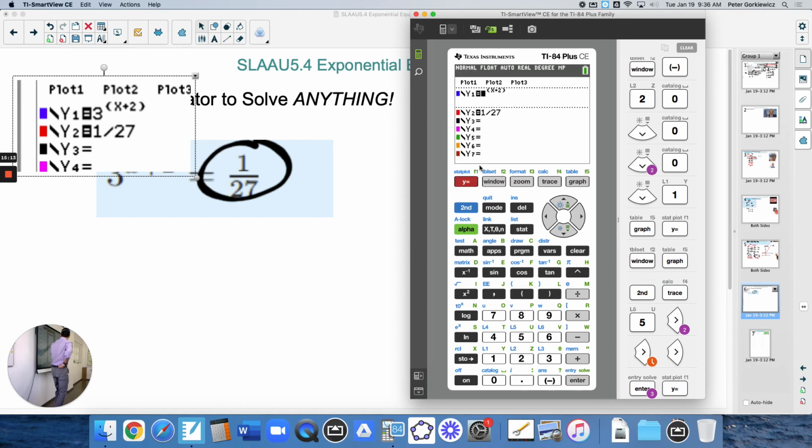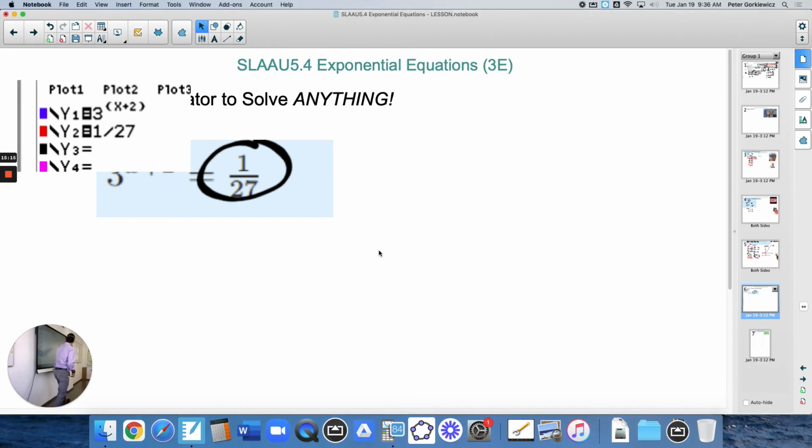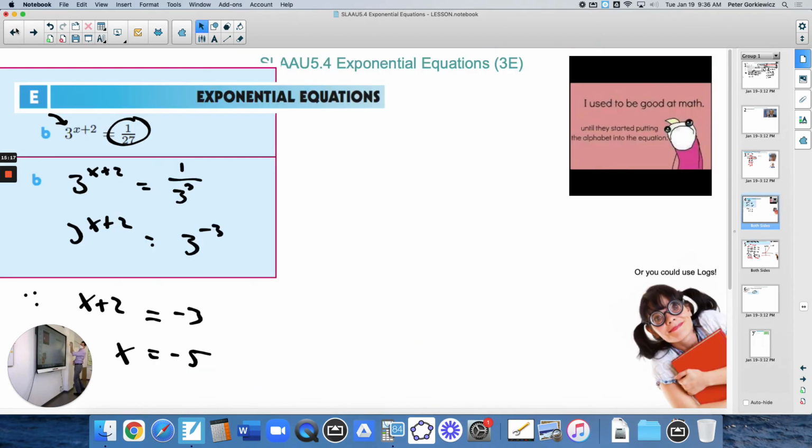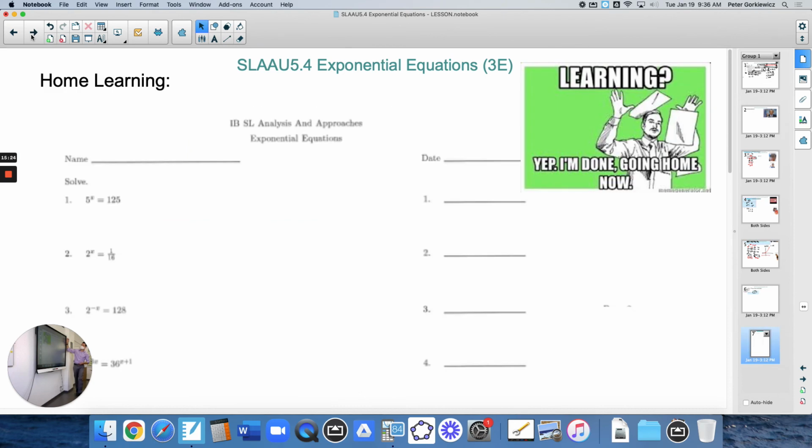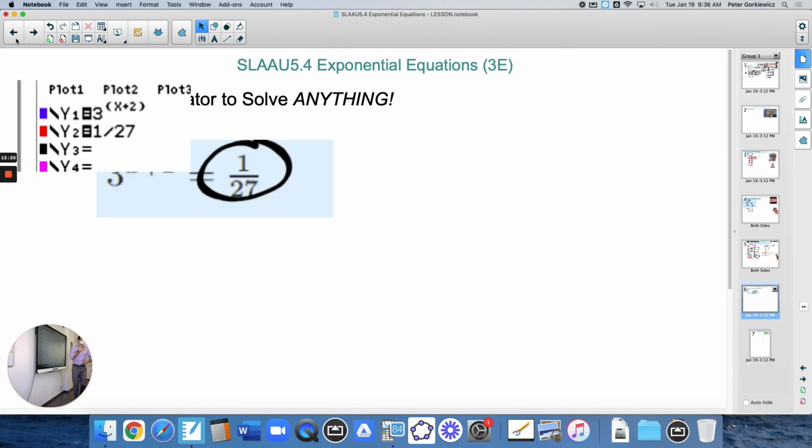We got x is -5. That's pretty good. My window is fine. So I know that that's fussy, but if you can kind of drive your window and be a little bit intuitive, you can solve anything with a calculator always, which is pretty sweet.